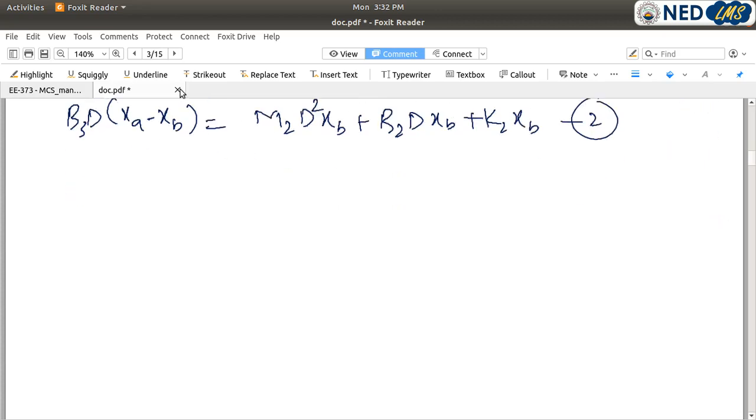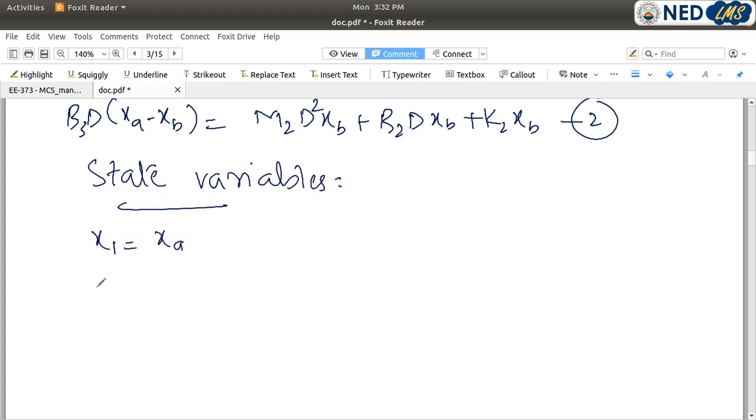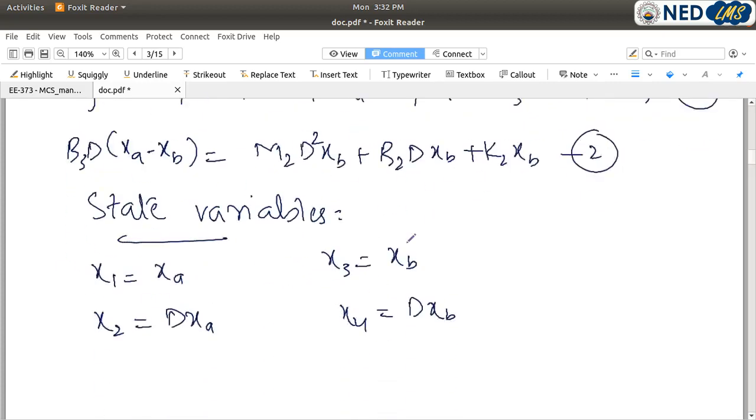So now assuming state variables: the first is x1 equals XA, second is x2 equals D XA, third is x3 equals XB, and fourth is x4 equals D XB. Now putting these values in equations 1 and 2.